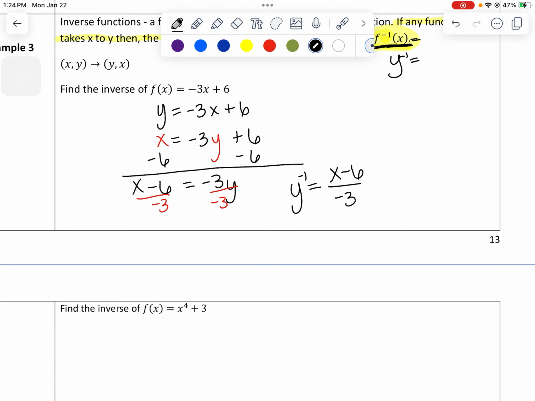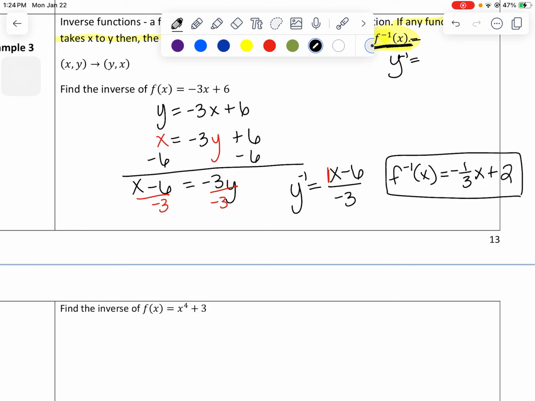So you can leave it in that format, or you can separate it out, which I think personally looks better. I'm going to use the inverse notation, f inverse. This is a 1x over -3, and 1 over -3 is -1/3 x. And then we have -6 over -3, which is +2.